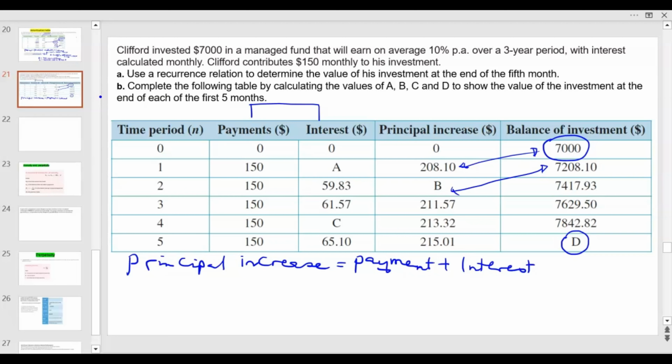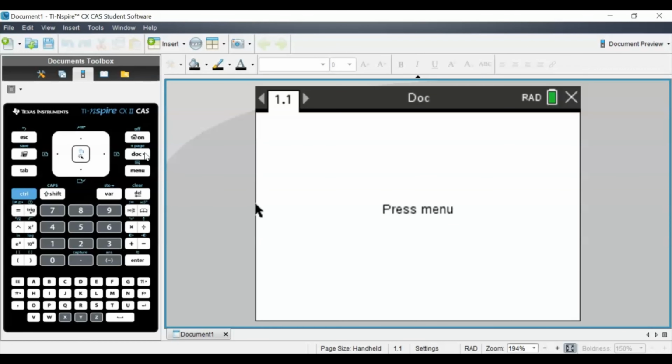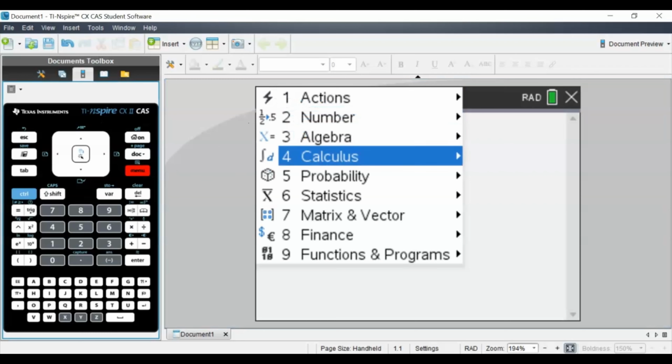So there are two ways of finding this. We could use a finance solver for this, which is going to give us the same answer. Let's have a look at the finance solver. Alright, now what do we know?